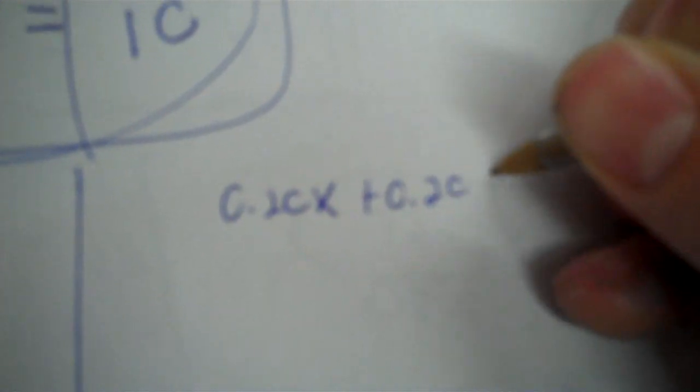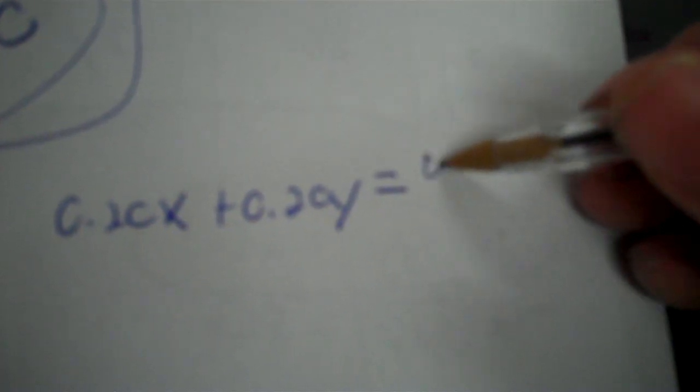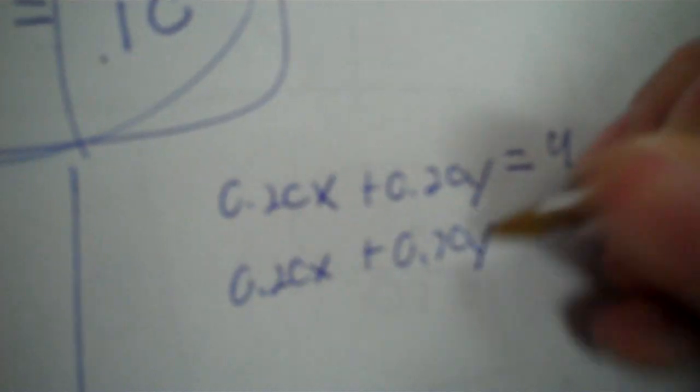Okay, so on top we get 0.20x plus 0.20y. You don't put 20, you take 0.20 times 20. 4. Now down below we have 0.20x plus 0.70y equals 10.